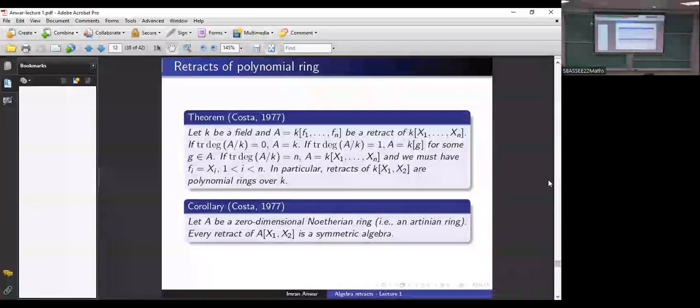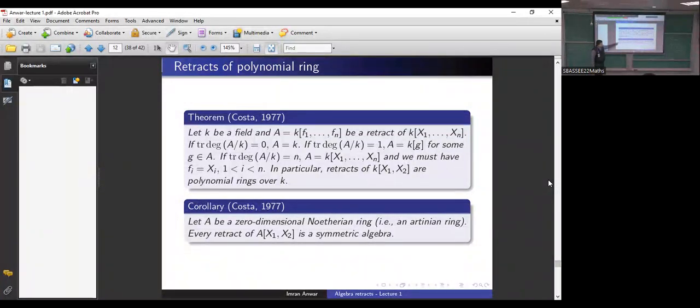So it is covering all the cases from having Krull dimension 0 to 2. Do you understand? Focus on this particular point, the second part of the statement.